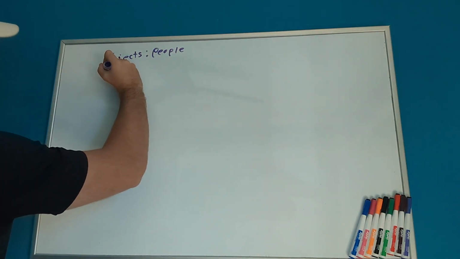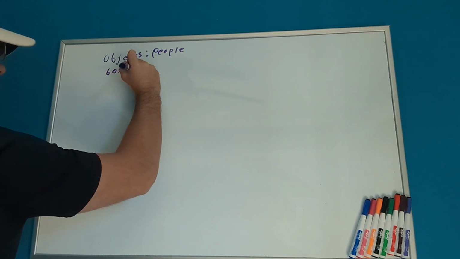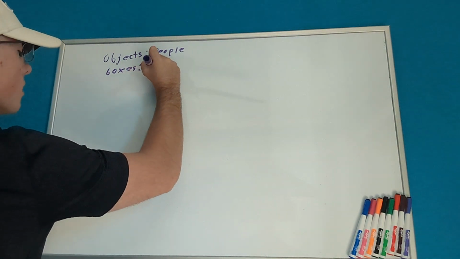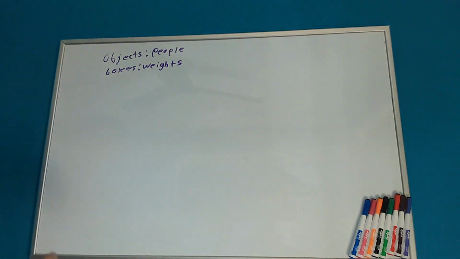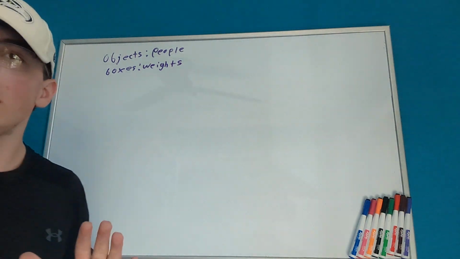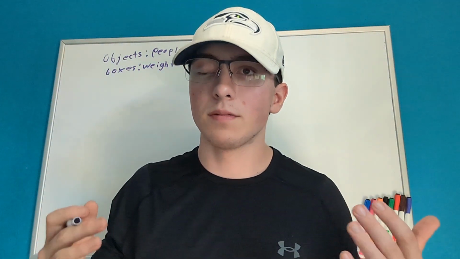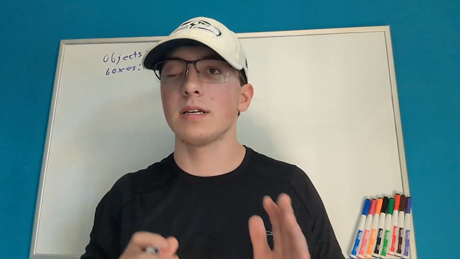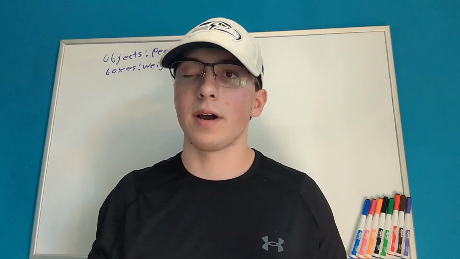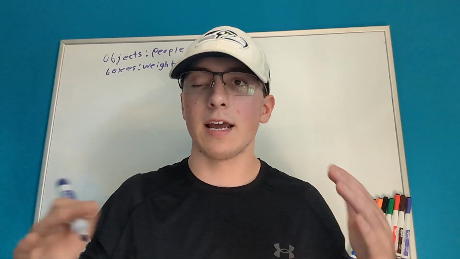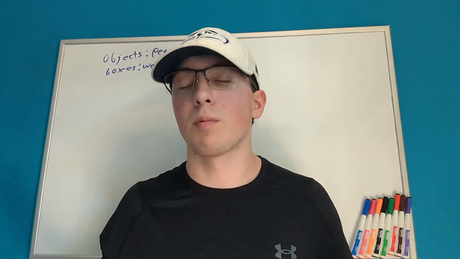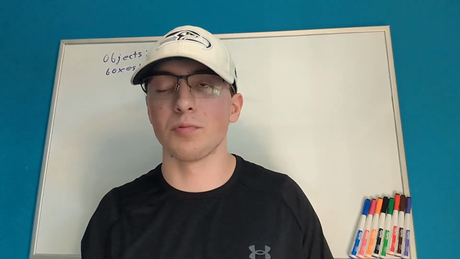And then our boxes will be weights. Now that we have that, we need to set a range on our boxes and our people. Basically, for people, we need to determine how many people we are working with, and for weights, what the range of our weights is. So basically, how many boxes do we need?